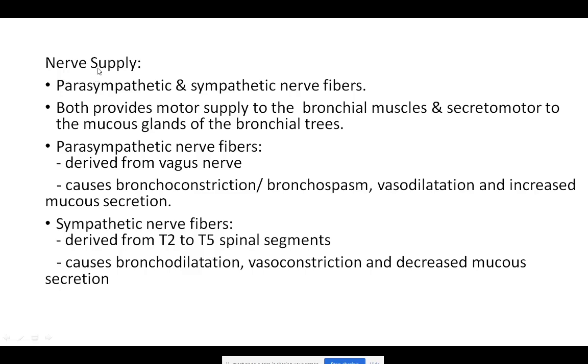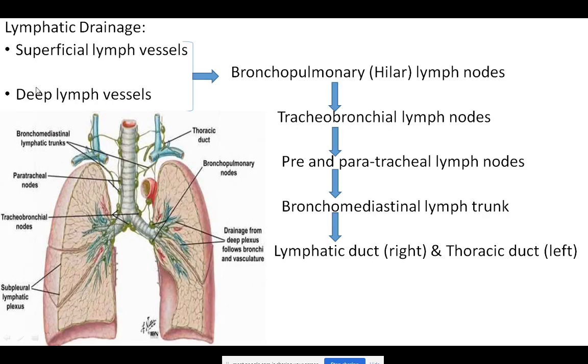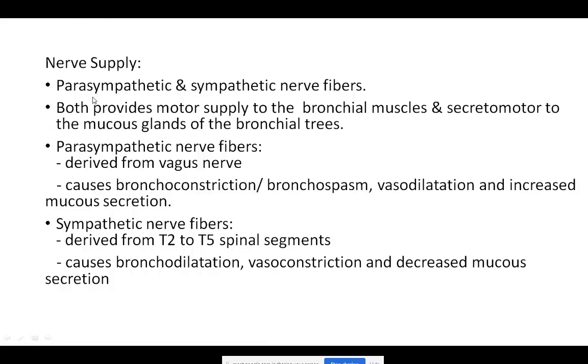The nerve supply of the lungs. What is the nerve supply of the lungs? They are supplied by both parasympathetic and sympathetic nerve fibers, which supply the bronchial muscles. These muscles respond according to the nerve supply.